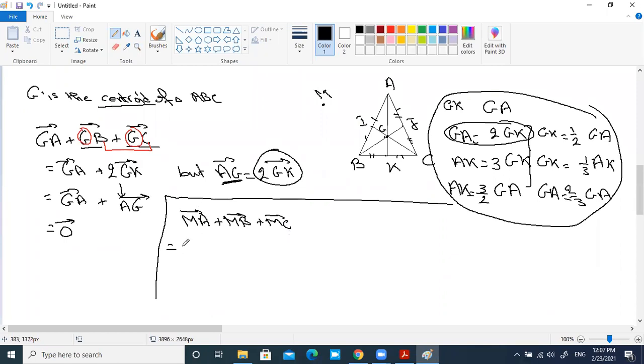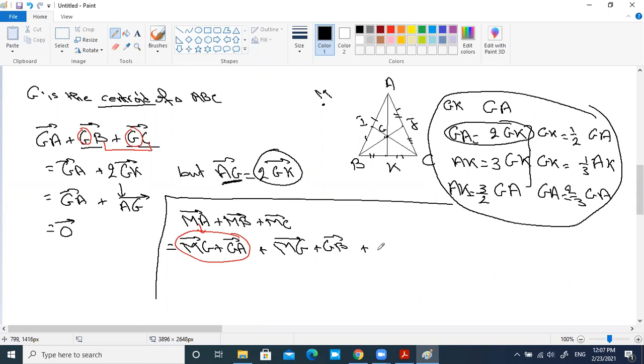Right? I can write MG plus GA. So for this vector, insert point G. The same idea for the other vectors, insert also point G. So you get MG plus GB.